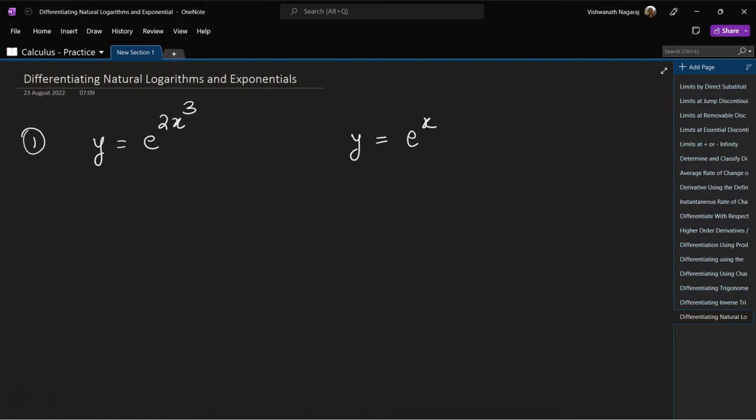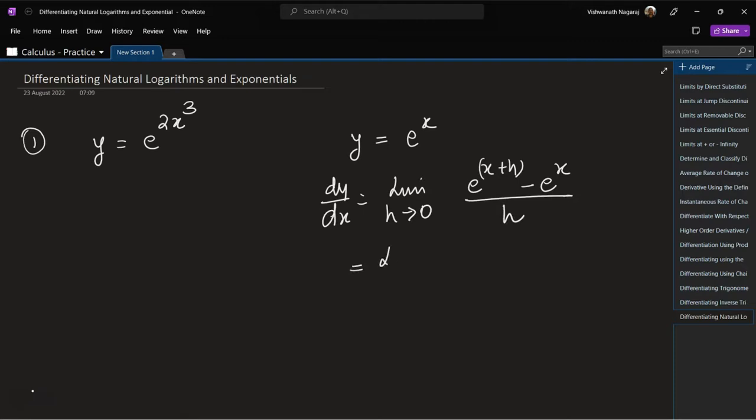the power of x. Let's do this using the first principle. dy by dx is equal to the limit as h approaches 0 of e to the power of x plus h minus e to the power of x, divided by h.